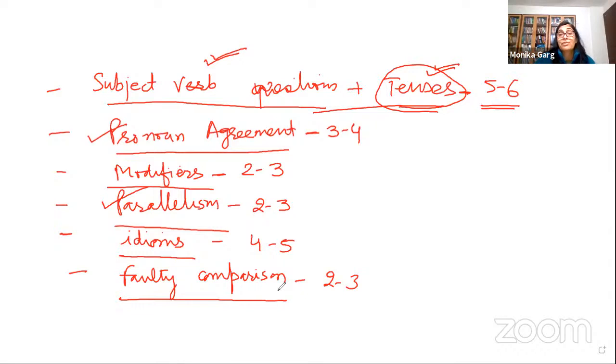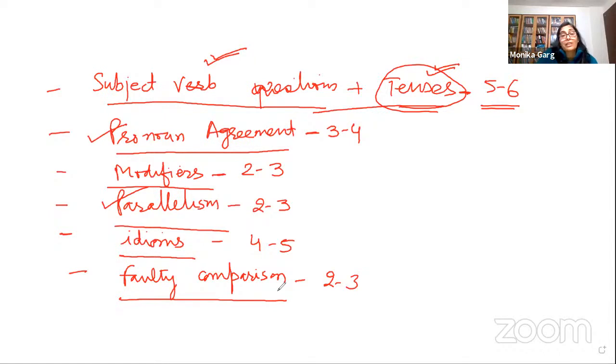For example, if you say my house is more beautiful than you, that's obviously absurd and incorrect. You compare a house with a house. So my house is more beautiful than yours or your house. If you put you there, that will be faulty comparison.